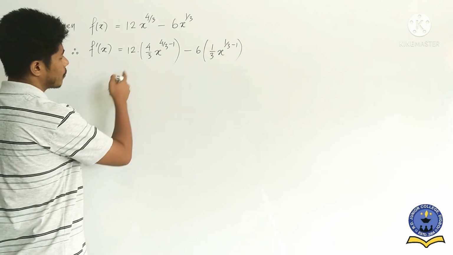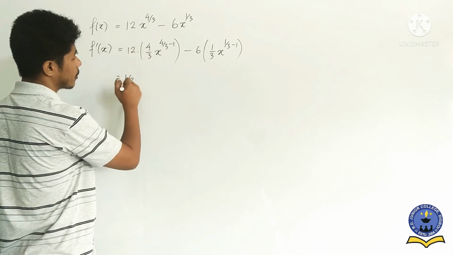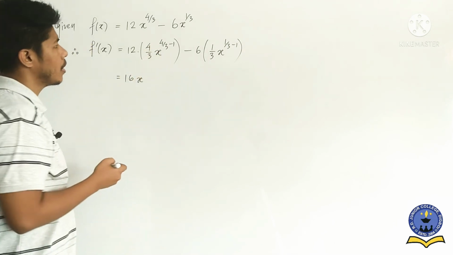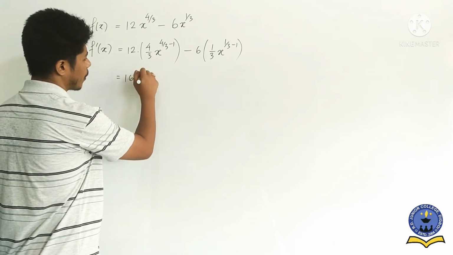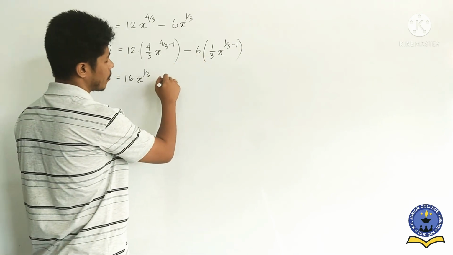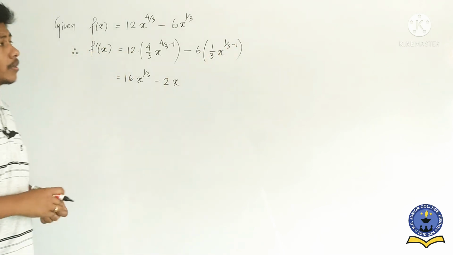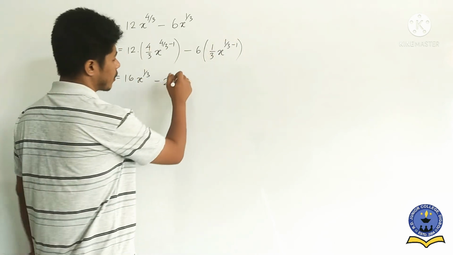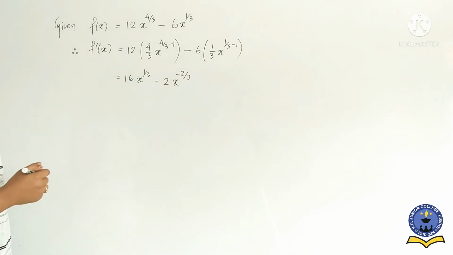If you calculate, you see 3 cancels with 12, 4 times 4 is 16, and for the power, 4/3 - 1, taking LCM 3, we get 4 - 3, that means 1, so x^(1/3). And for the second term, 6 cancels by 3, so 2 remains, and the power is 1/3 - 1; taking LCM 3, 1 - 3 is -2, so we get -2/3. Is it clear? 2 times x^(-2/3).